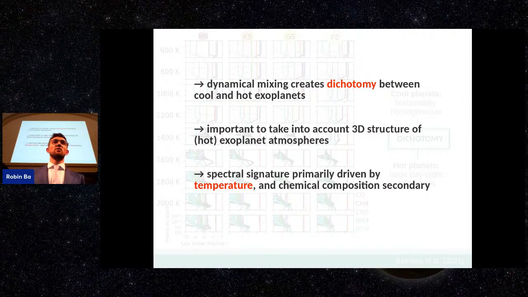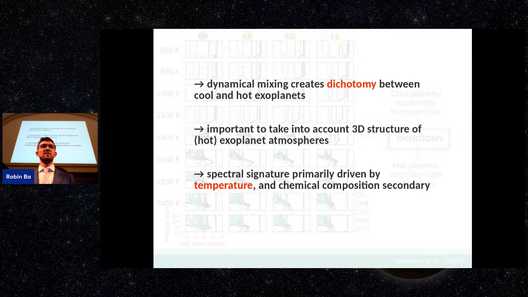In the cool planets, we might get away with using a one-dimensional chemical model, for example, but only if the temperature is right. Because what we also saw when we synthesized a lot of model transmission spectra is that the signature in the transmission spectrum is basically driven by the temperature and less so by the chemical composition.